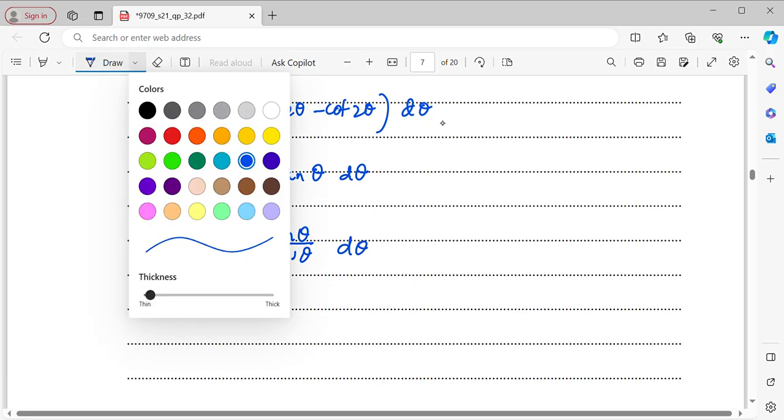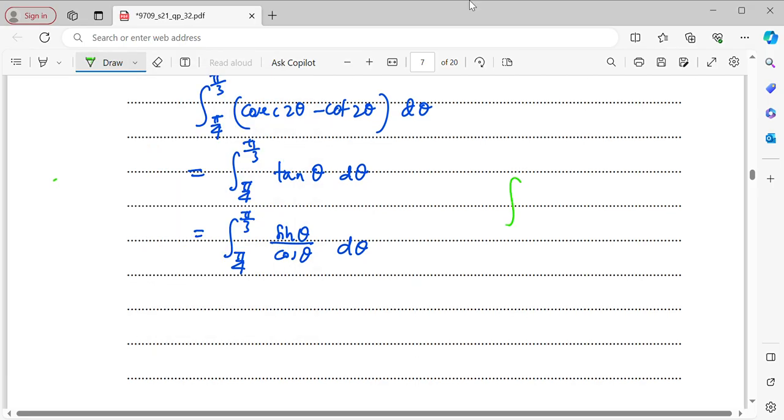So after that, we need to apply ln. We apply ln here because the degree of the denominator is 1. So integrate f prime x over f x dx, it will be ln f x plus c. When we differentiate cos theta, it will be negative sine theta.